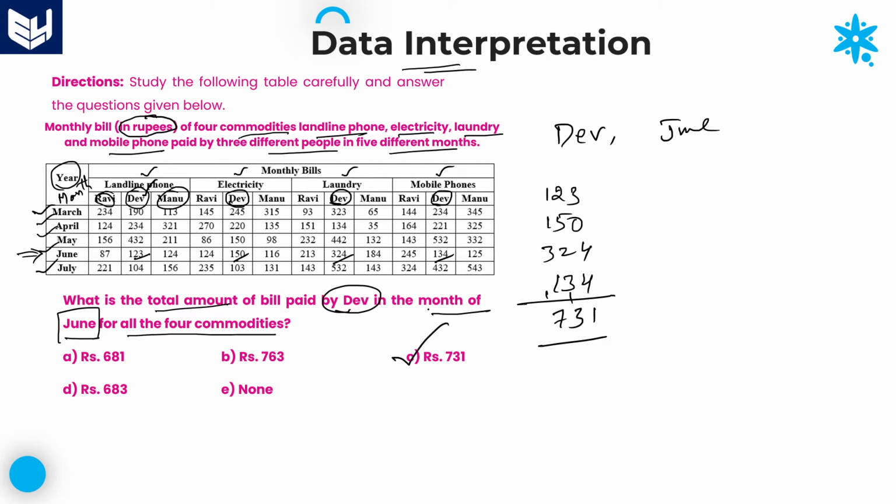Option C. It means the total bill amount paid by Dev in the month of June for all four commodities, landline, electricity, laundry, and mobile phone, all together is 731 rupees. Option C is the right answer for this question.